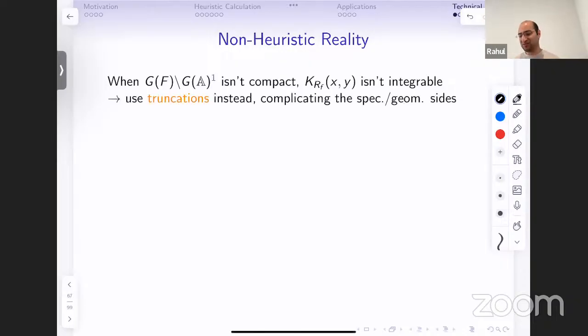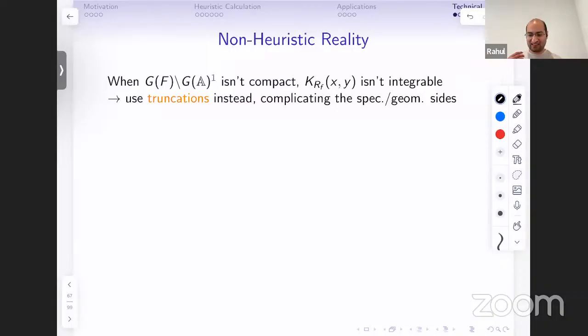So what we have to do is truncate this kernel in some way so that its integral does converge. And now when you truncate, all the beautiful heuristic spectral and geometric expansions are going to break, because now you're calculating something different that isn't quite the trace, it's some truncated version of the trace. There's a spectrum of particular truncations you can use and various corrections to the truncations.